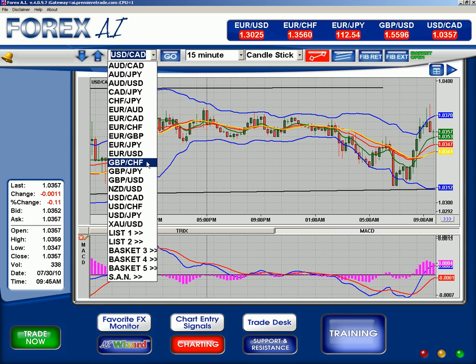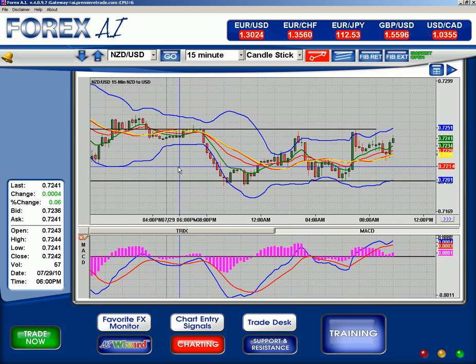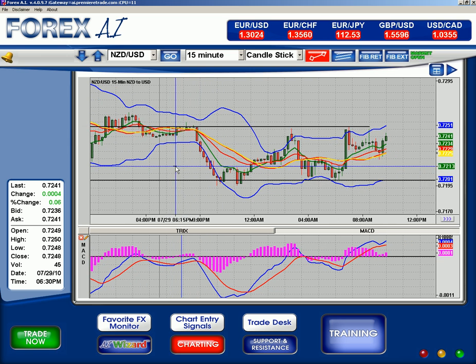Looking at the New Zealand US dollar, this has also been traveling in a very distinct range, as you can see here on this 15-minute. It is a smaller range than what we have seen on the other pairs, but you can see the top, and right now it's staying contained right up in here.